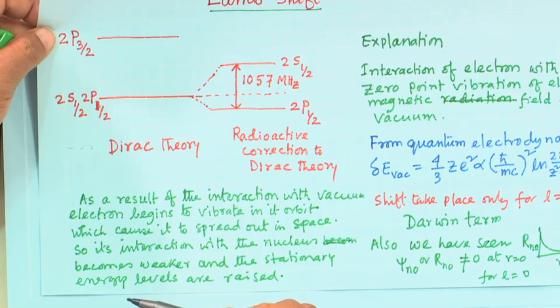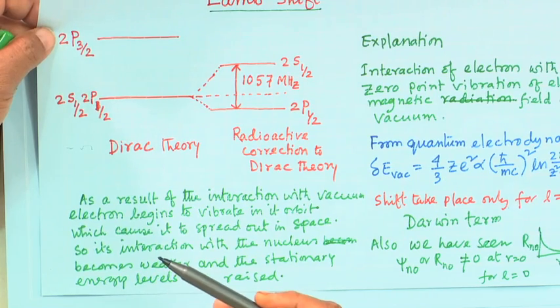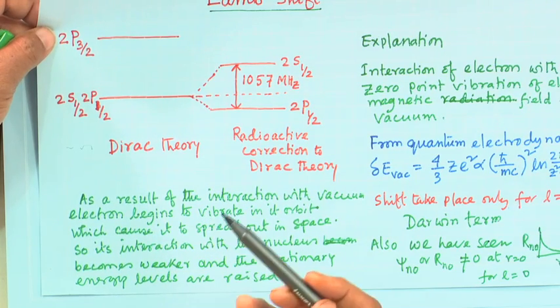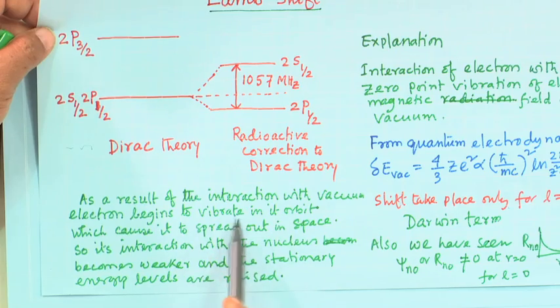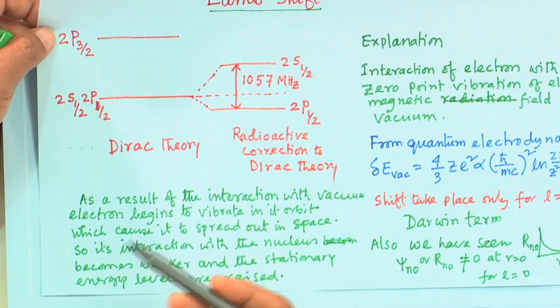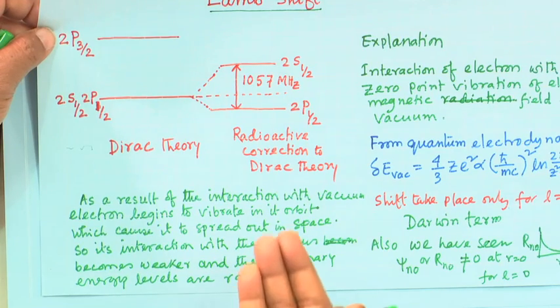That will affect the interaction. This vibration causes it to spread out in space. So, its interaction with the nucleus becomes weaker, and the stationary energy levels are raised.